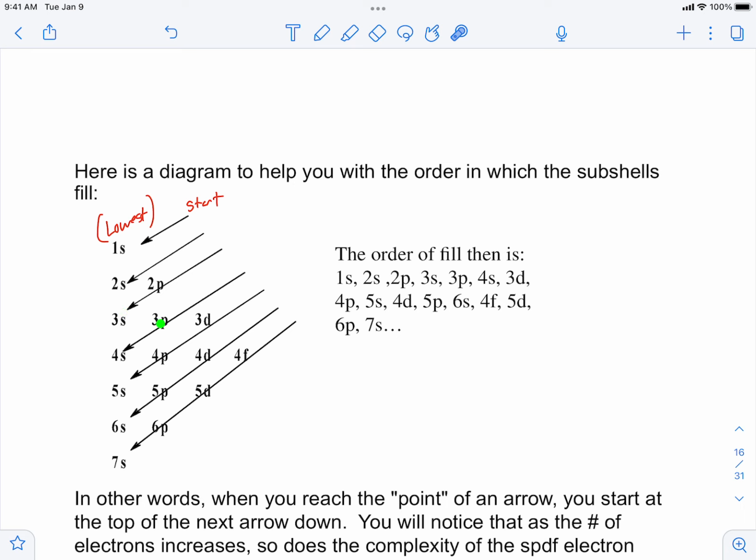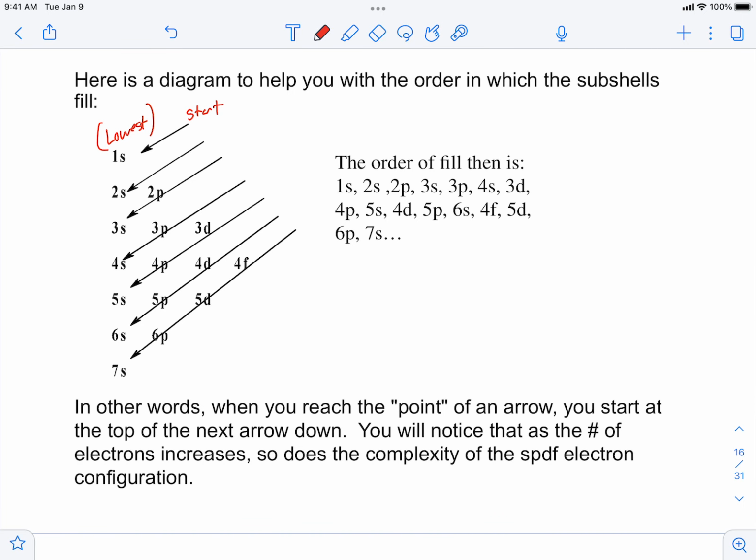We come down to 3p, and then 4s, new arrow, 3d, 4p, 5s. After 5s comes 4d, 5p, 6s, 4f, 5d, 6p, 7s. And notice that this isn't complete. We didn't finish this, but if we did, it would look like this.